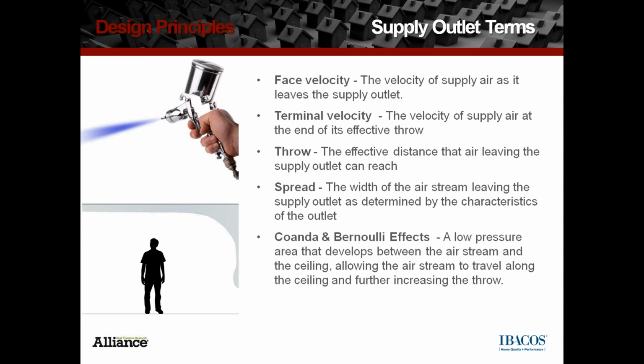Throw is how far that air can effectively reach out into the room for mixing. Spread is the width of the air as it leaves the outlet. And the Coanda and the Bernoulli effects, that's the science behind why this throwing register approach works, by allowing the low pressure area between the air and the ceiling to carry that air farther into the room.